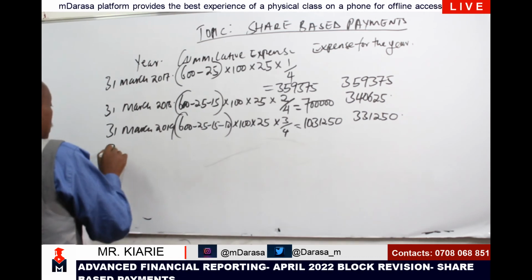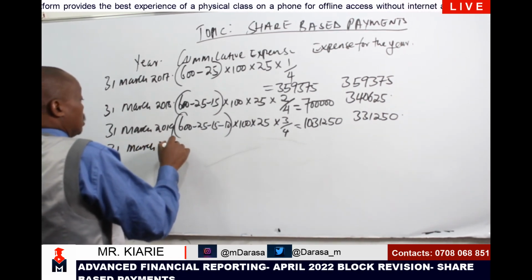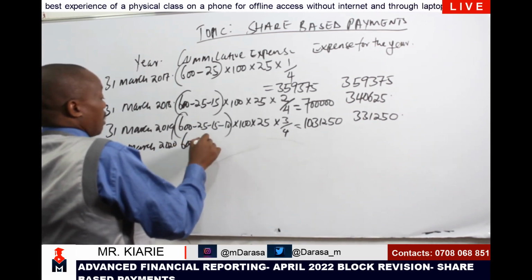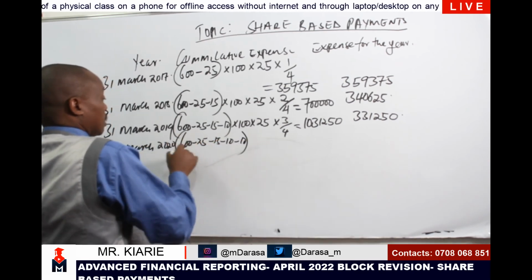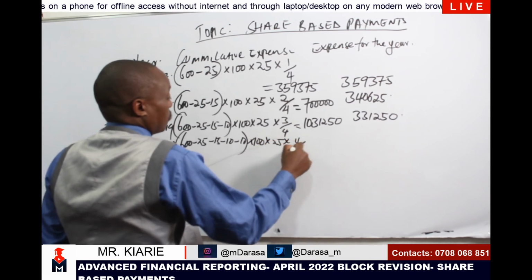Then I proceed on to the year ending 31st March 2020, where I'll have 600 minus 25 minus 15 minus 10 minus 10 again, times 100 times 25 times 4/4.